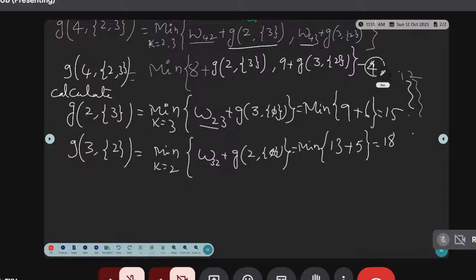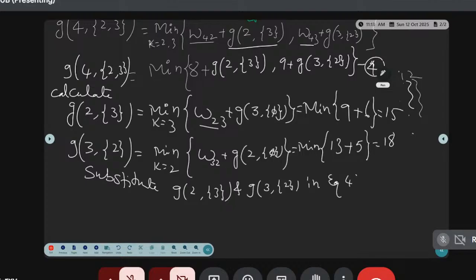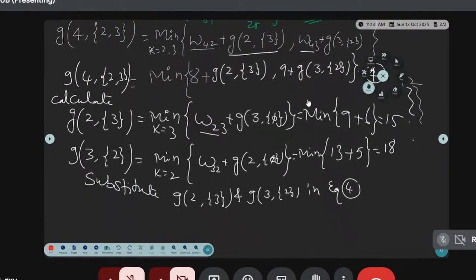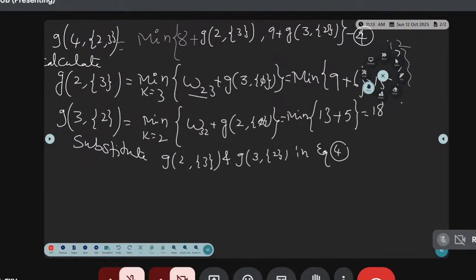Now here substitute G 2 comma 3 and G 3 comma 2 in equation 4. From equation 4. Equation 4 అంటే ఇది.